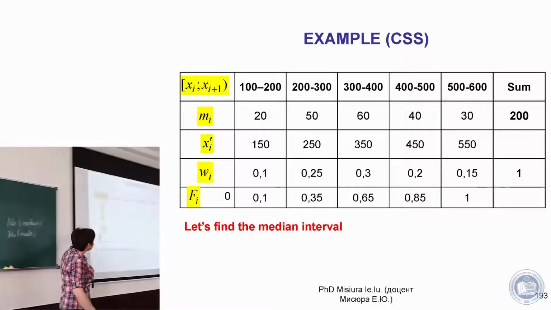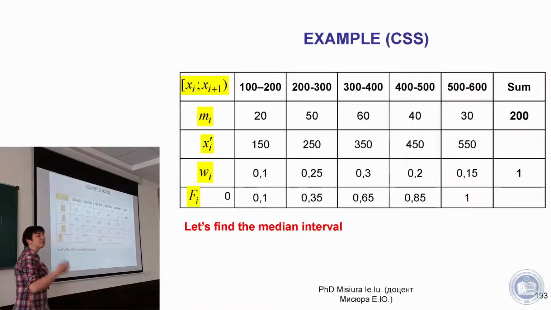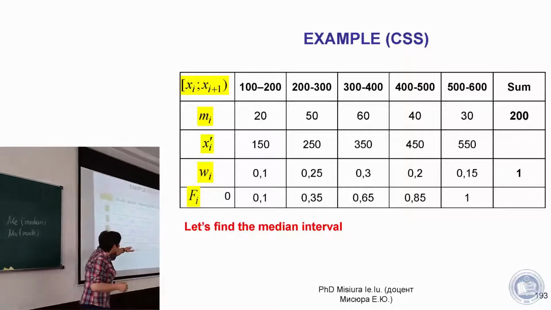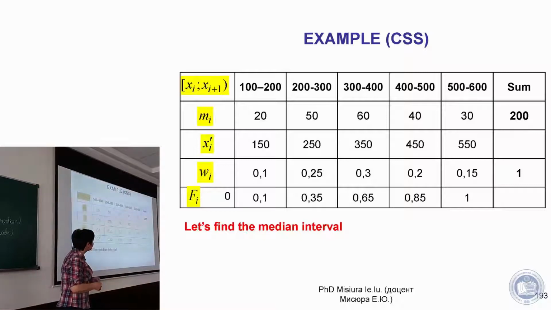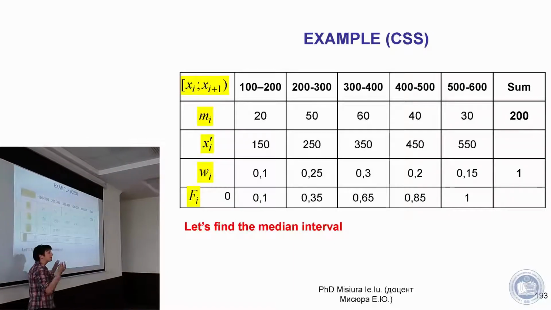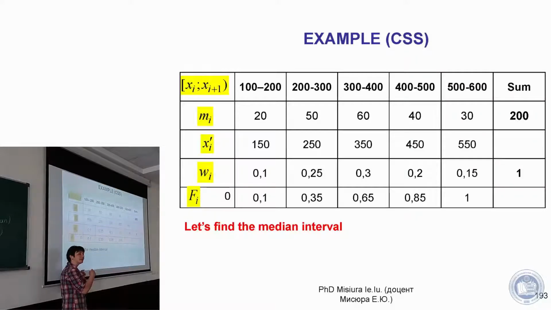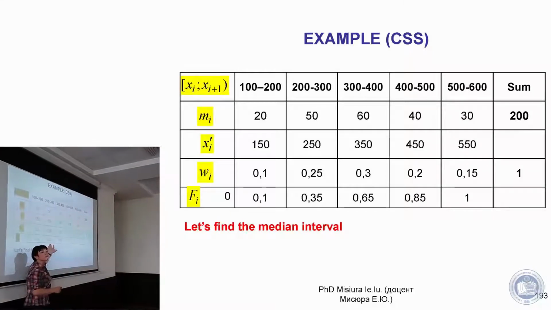Okay, now students, let's look at all values of f of xi and let's call two values where the first is greater than 0.5 and the previous will be less than 0.5. Please look at this row. First value will be greater than 0.5 and the previous will be less. 0.65 and 0.35.